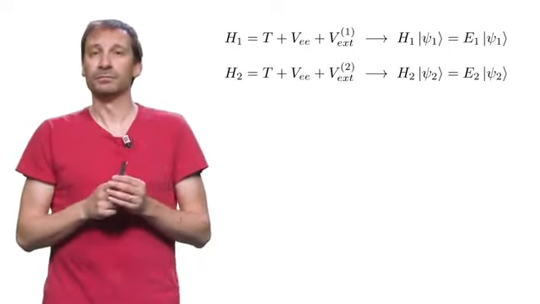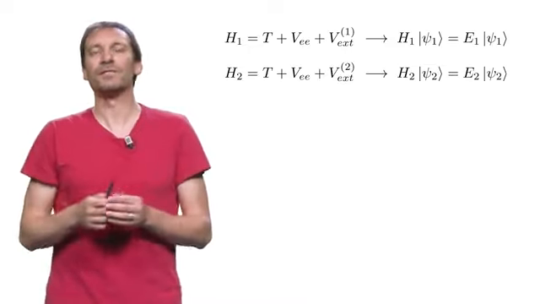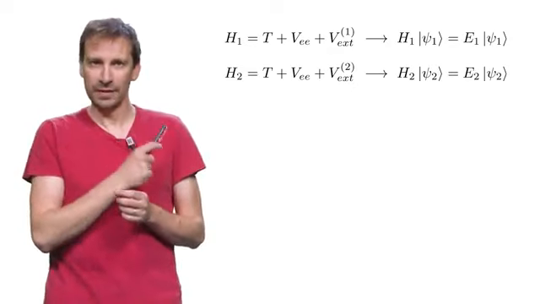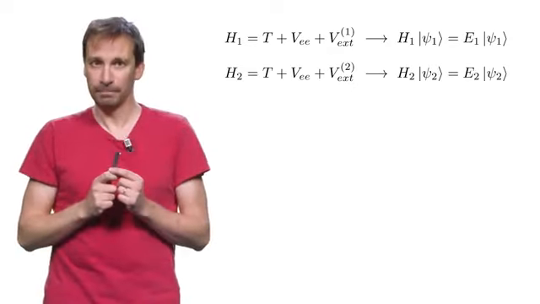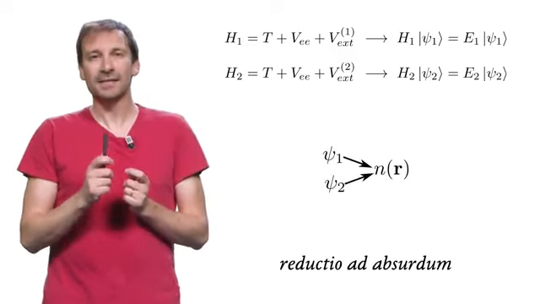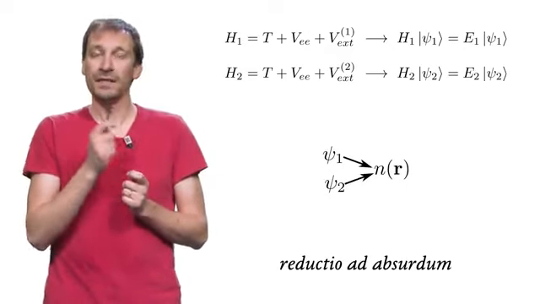And potential 2, for the same reasons, leads to total energy E2 and wave function psi2. The two wave functions are different; we have seen this in the first part of the theorem. Our initial supposition says that they can give the same density. Let's see where this takes us.